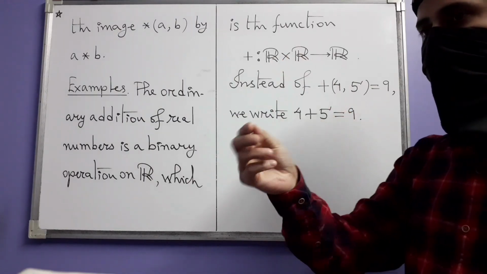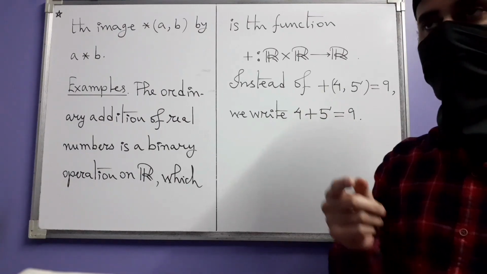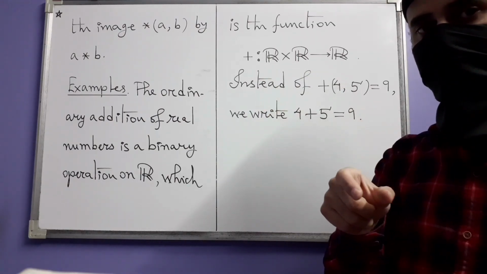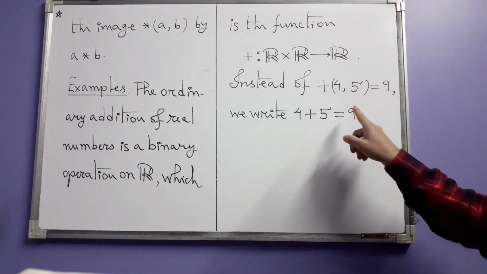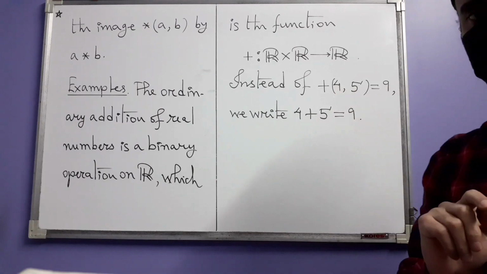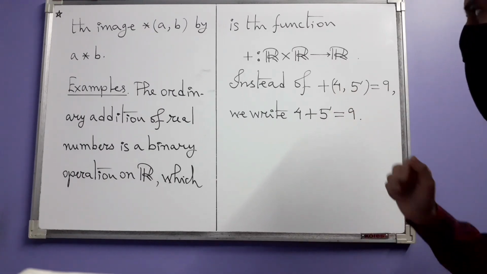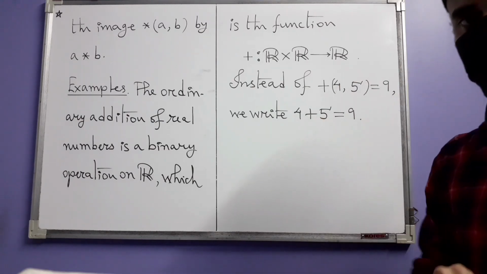You take say 2 and 3 and you consider the ordered pair (2, 3). Applying the function addition on that ordered pair produces 5. Or for example, the plus image of this ordered pair (4, 5) is 9, is the real number 9. But a much simpler notation is this: 4 plus 5 is equal to 9.